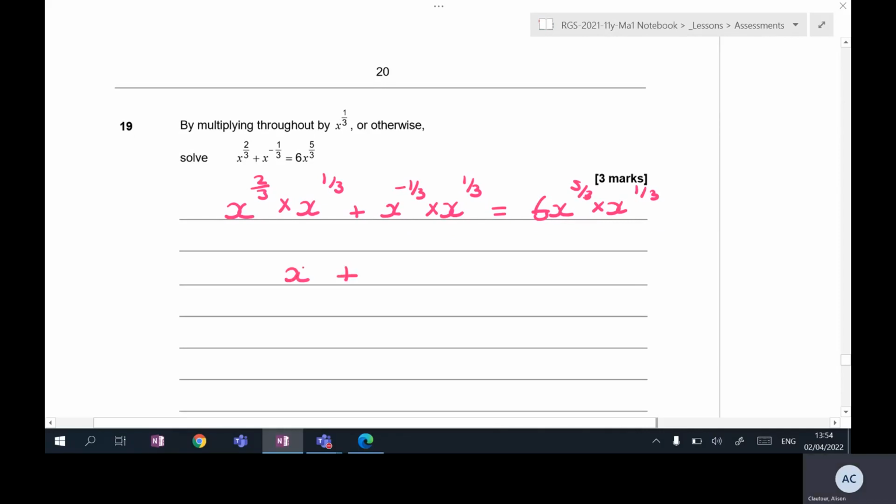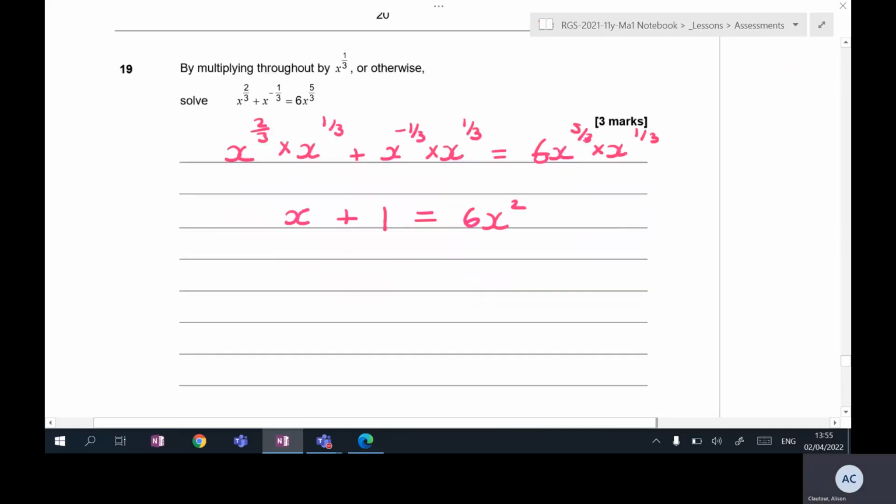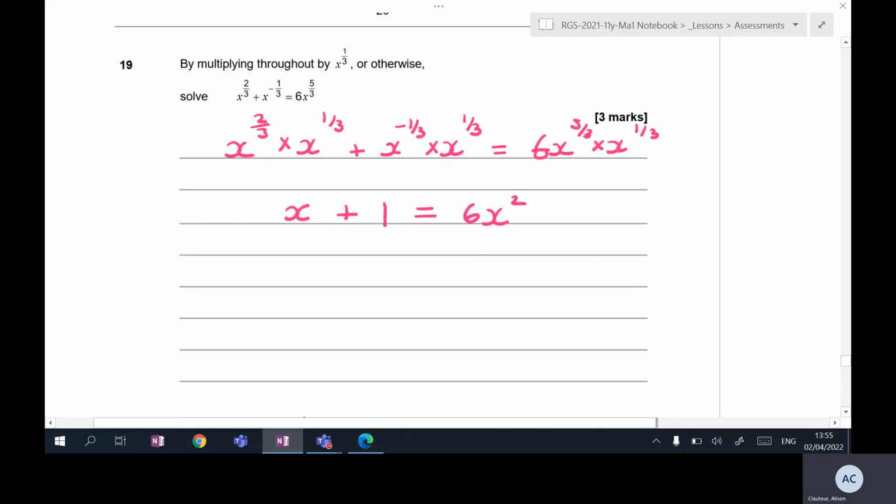1/3 add minus 1/3 is 0. So actually anything to the power of 0 is 1. And this one, we've got 5/3 add 1/3 is 6/3, which is also known as 2. So that has really simplified the equation for you, hasn't it? Okay. So then I'm going to collect it all on this side actually.